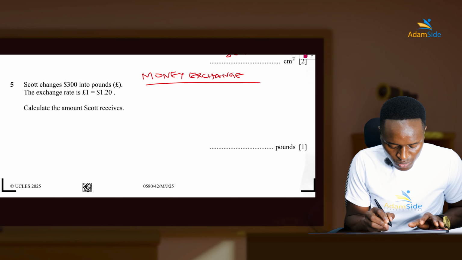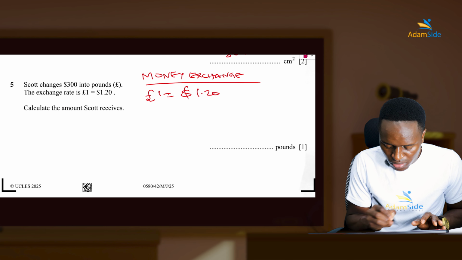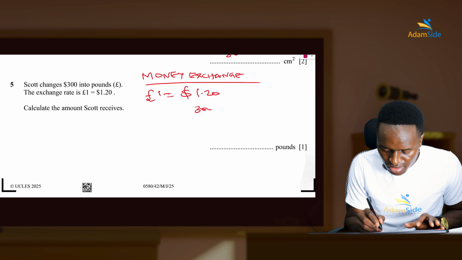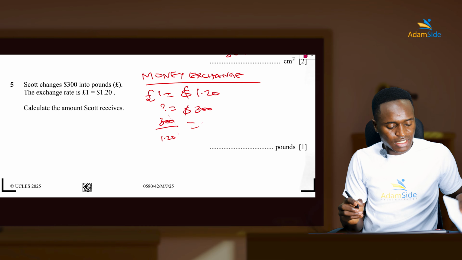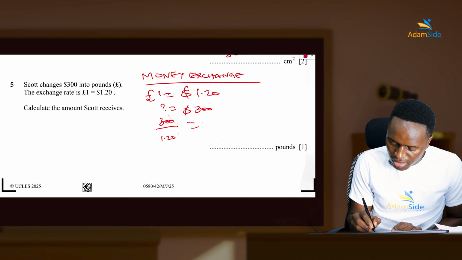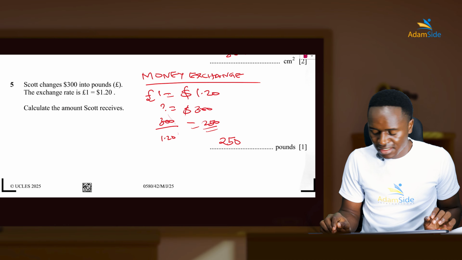Correct. So what do you say? 1 pound is equivalent to $1.20. So what about $300? It's just $300 divided by 1.20, what do you get on your calculator? You basically get 250 pounds. That's it. As simple as it is.